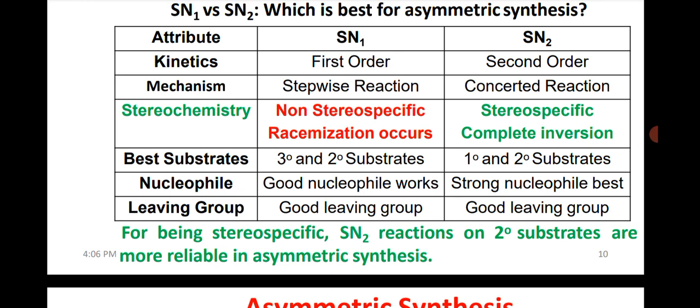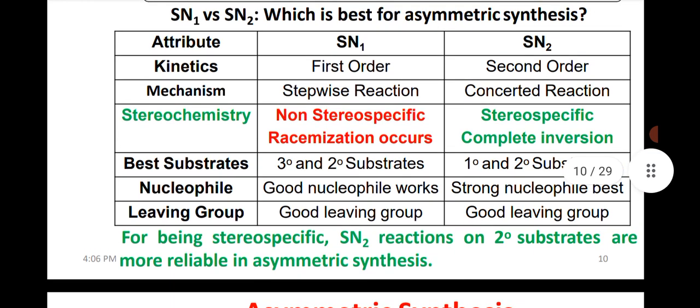Why did we prefer SN2? Because of its stereospecific nature, it gives only one type of product. There is no formation of a mixture, so we will get our desired product, and there is no formation of any unwanted product in this reaction.